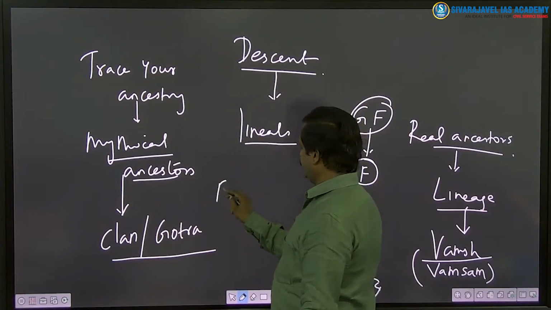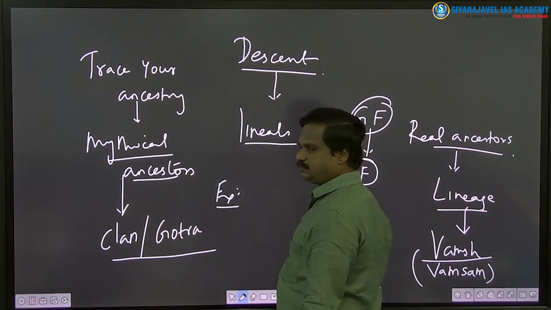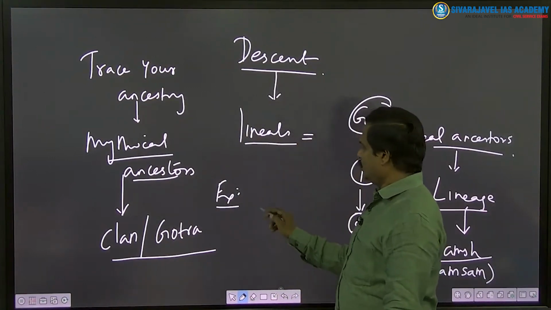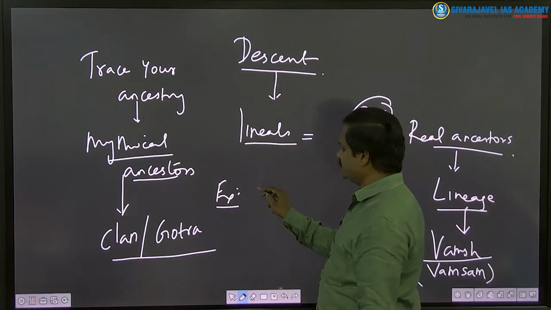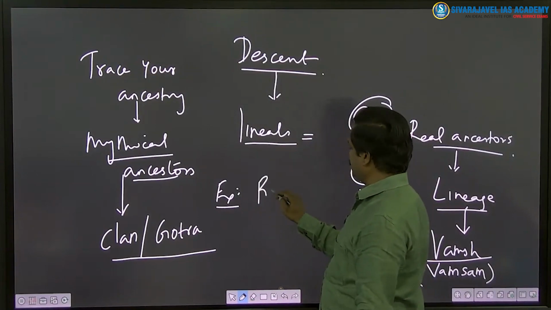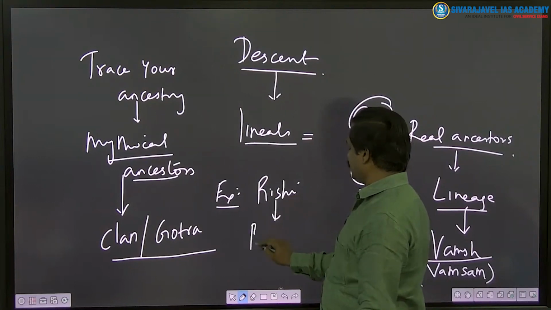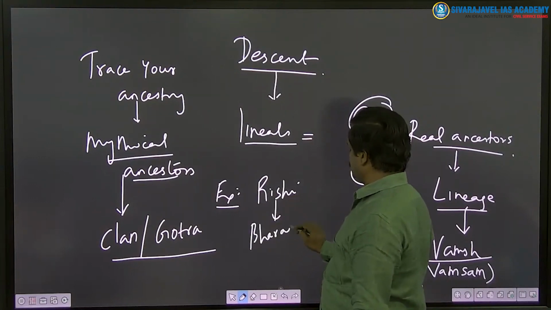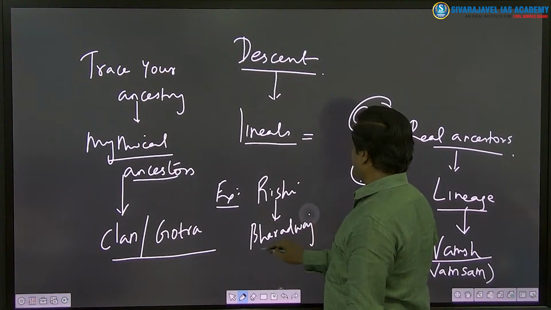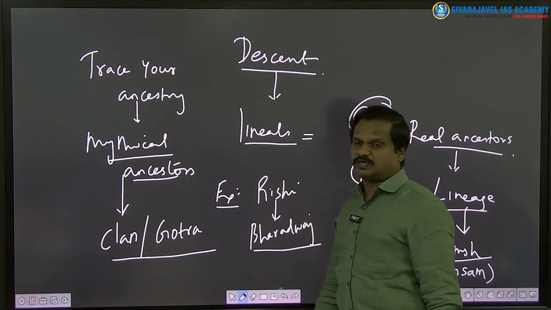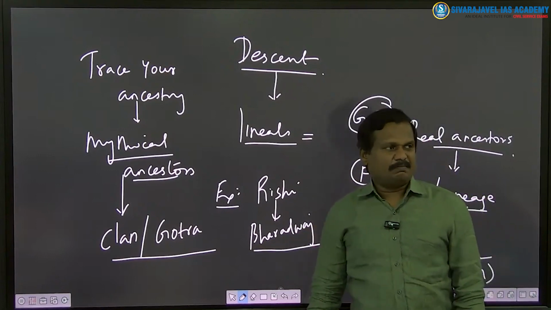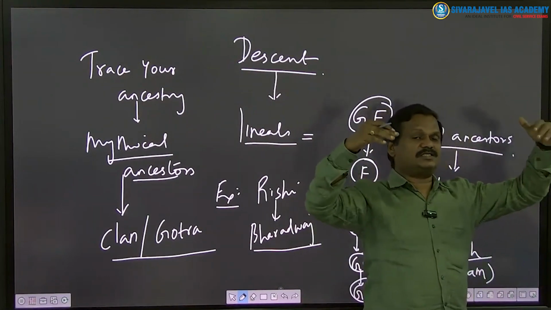For example, you believe that you descended from a rishi. That rishi's name is Bharadwaj. So people say that I belong to Bharadwaj Gotra. Who is Bharadwaj? Bharadwaj is a rishi. Is he real?